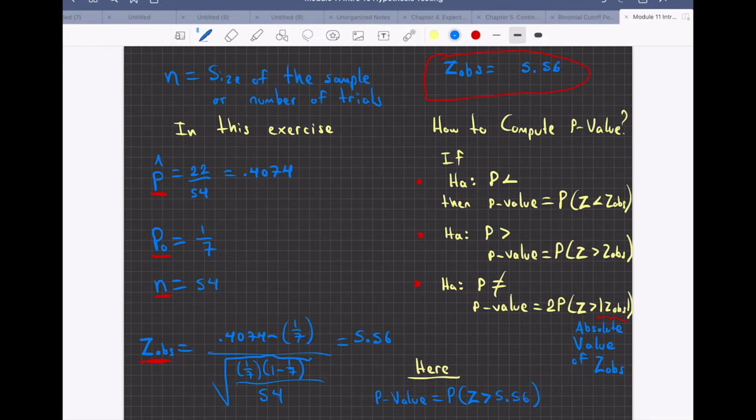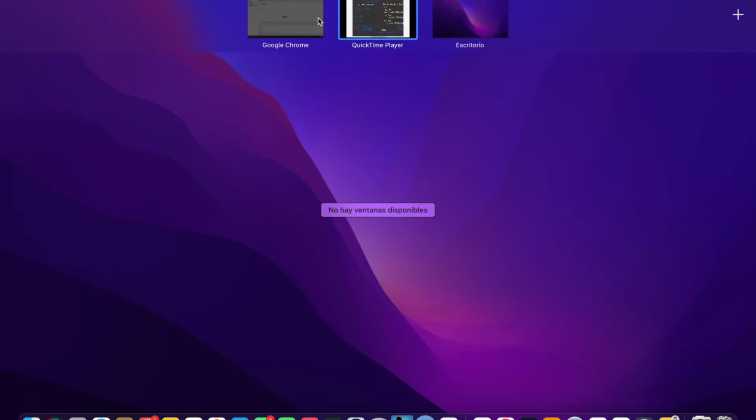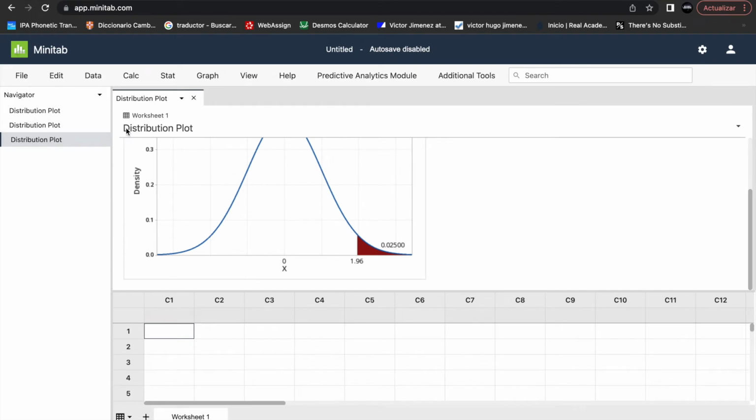How do we compute this? Well, we have to go to Minitab and repeat this process.